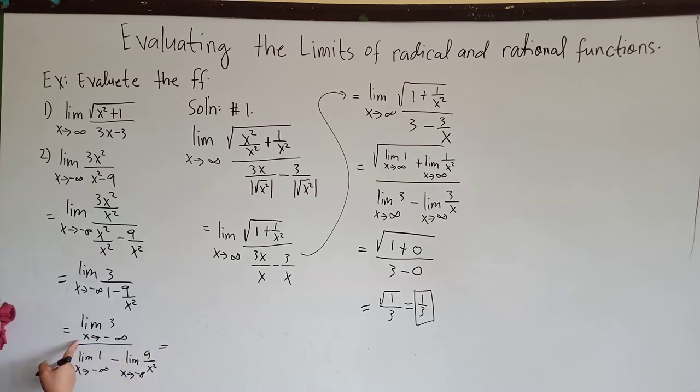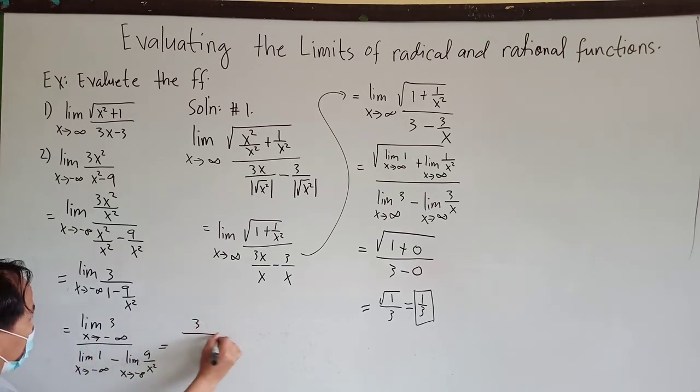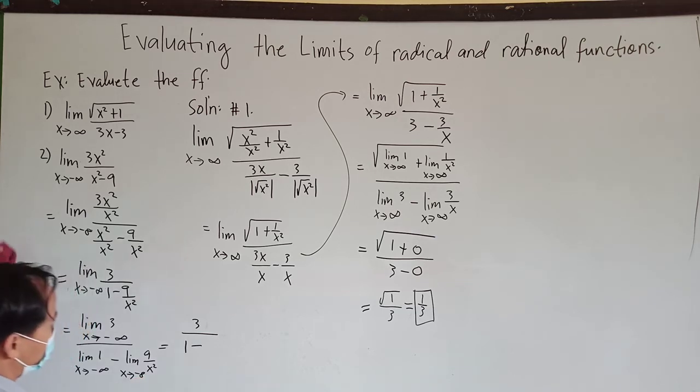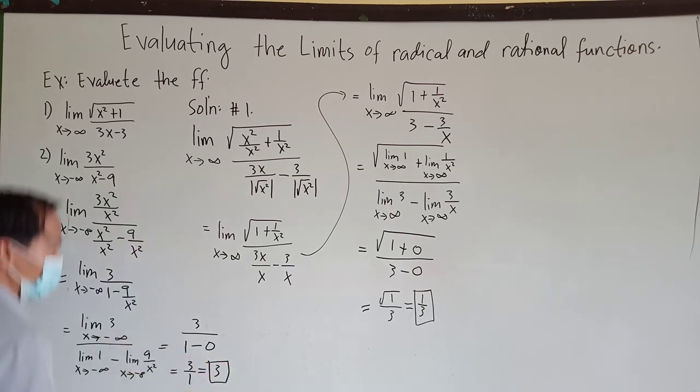That is equivalent to 3 over 1 minus 9 divided by x squared. Because x approaches negative infinity, the highest number, this 9 over x squared approaches 0. So the answer is 3 over 1, which is equivalent to 3.